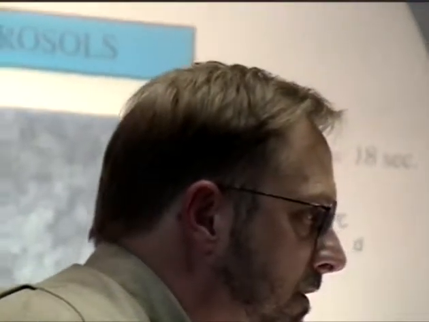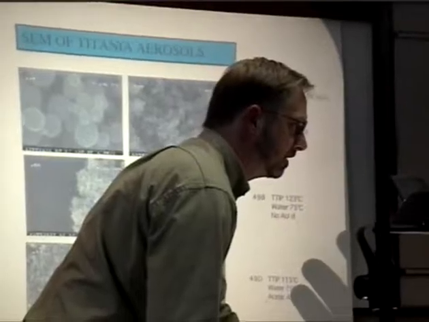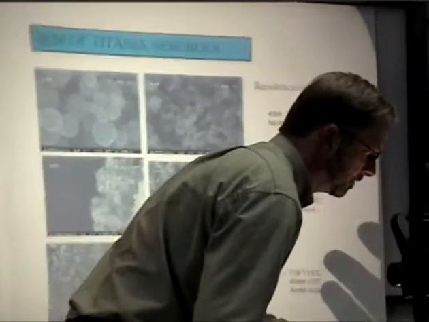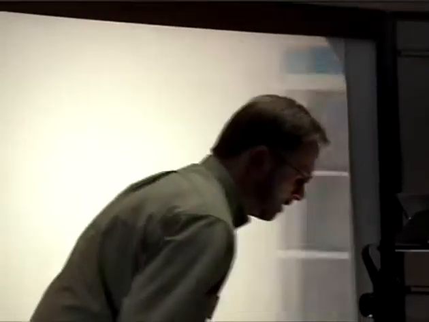Here are some micrographs of the variability in structure that you can get in a pure titania system under conditions where we're trying to get large-scale particles. So these are SEMs, and they're near a micron in size, roughly, in most of these pictures.